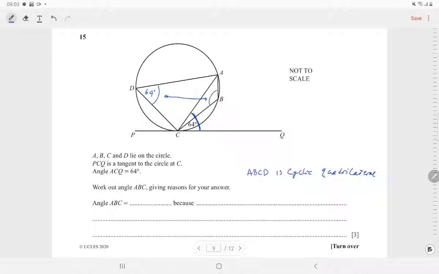So to find the angle ABC is 180 minus 64, which is 116 degrees. So this is 116 degrees because ABCD is a cyclic quadrilateral.